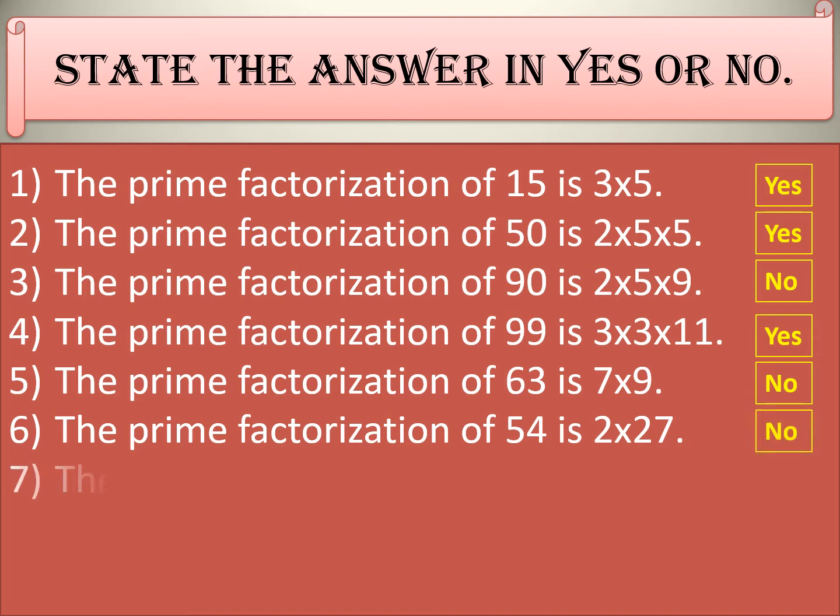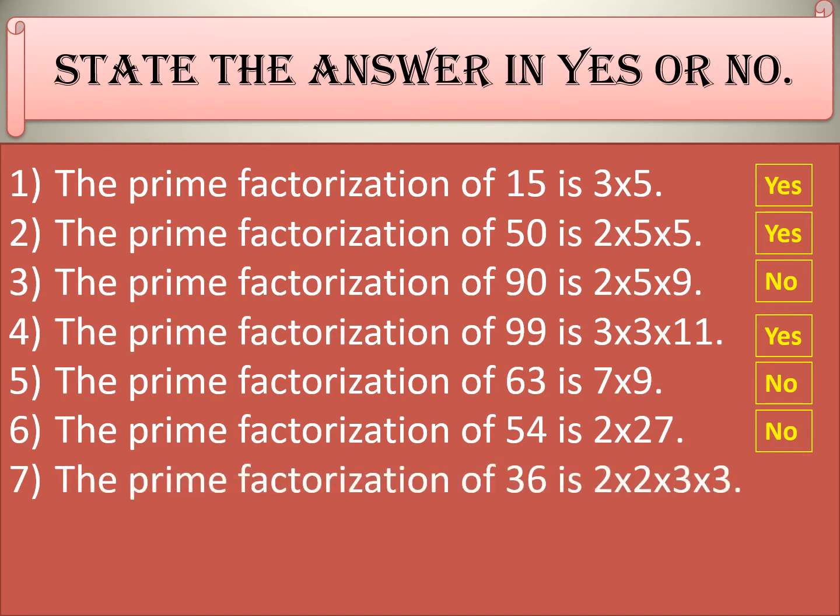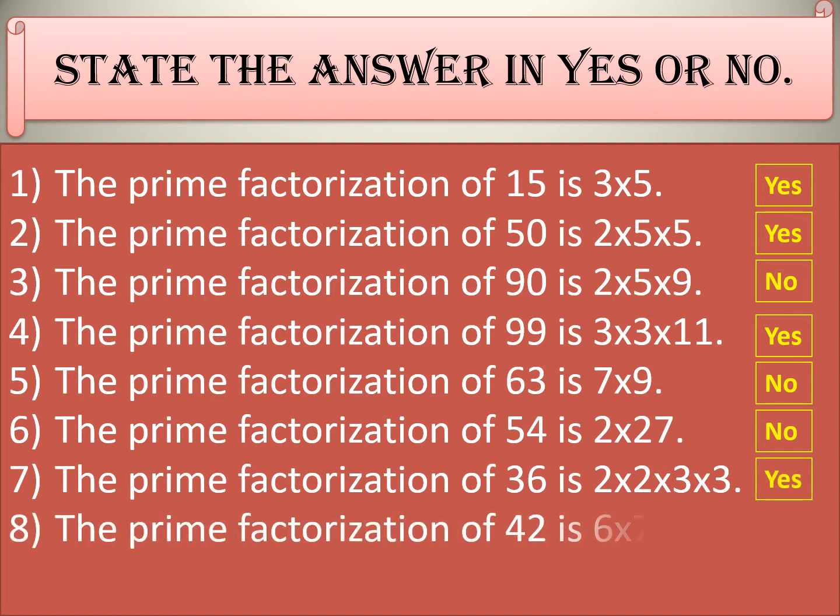Question number 7. The prime factorization of 36 is 2 multiplied by 2 multiplied by 3 multiplied by 3. Look, 2 and 3 both are prime numbers, so the answer is yes. The next is question number 8. The prime factorization of 42 is 6 multiplied by 7. Look, in this question, 6 is a composite number, so the answer is no. Question number 9.